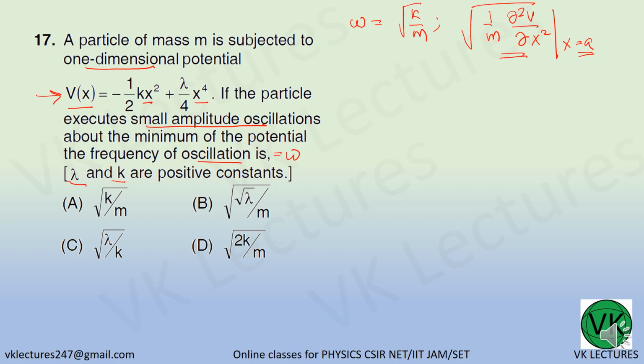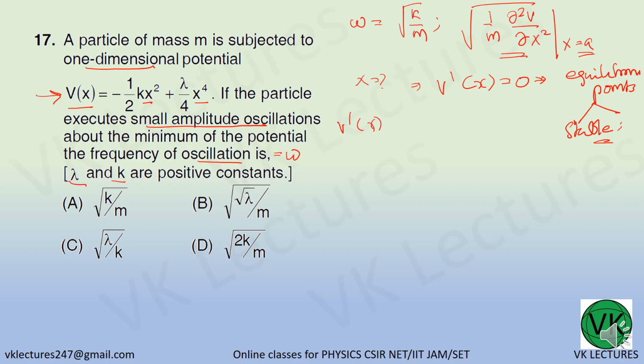Now to find x, first we have to put V'(x) equal to 0. By doing this, we are finding equilibrium points. From those equilibrium points we need the stable equilibrium. Only then will oscillations take place. Now what does V'(x) = 0 imply? We differentiate V(x) with respect to x.